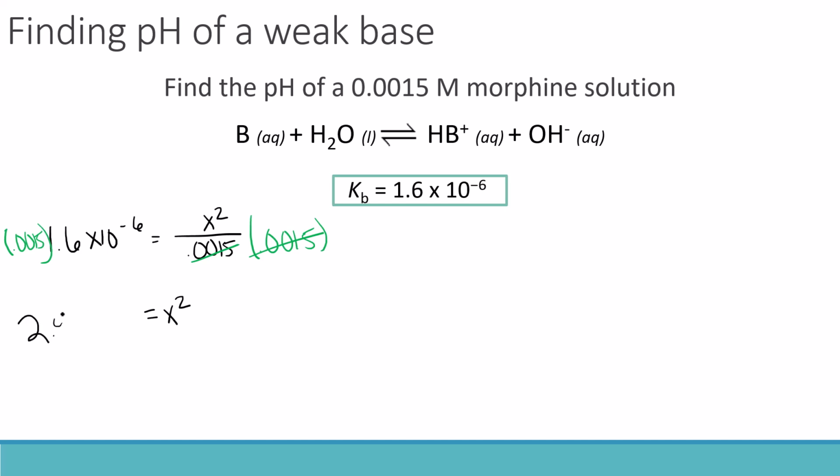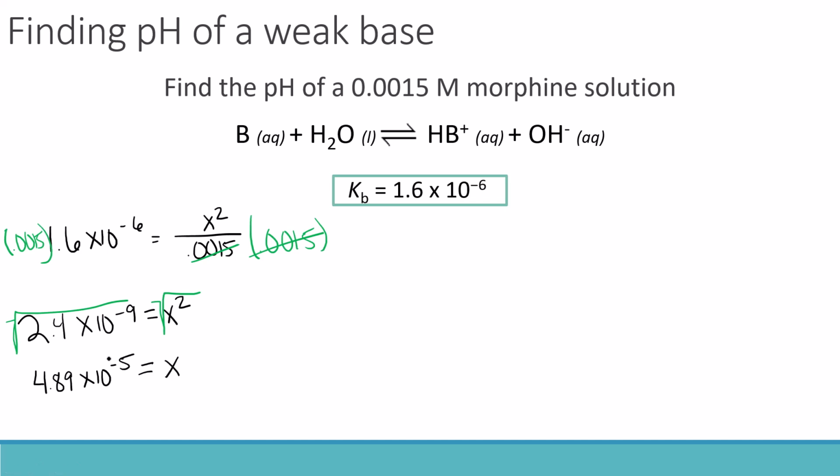I have 2.4 times 10 to the negative 9. Then to get X by itself, we're going to take the square root. X equals 4.89 times 10 to the negative 5.